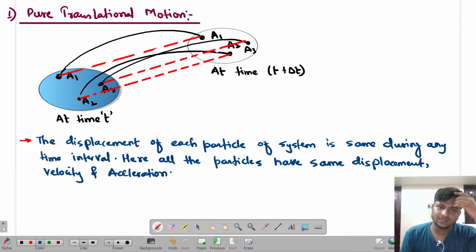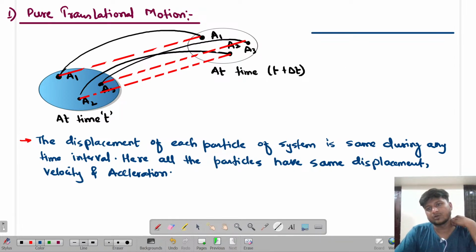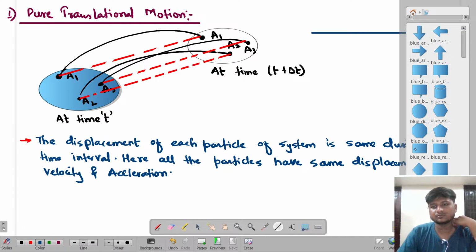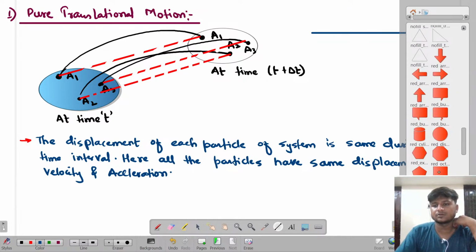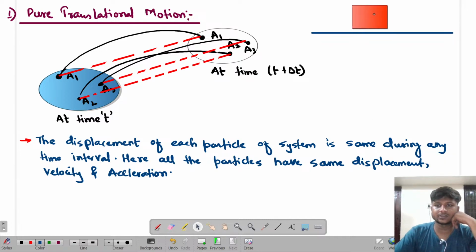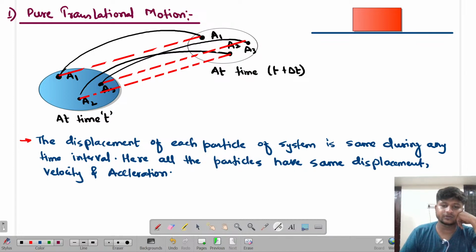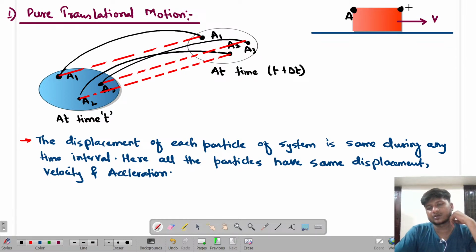Another idea: let's suppose a block is moving on a straight horizontal path with some velocity v. If I select any 2 points on this block, two end points, the distance between them will always remain the same or not?